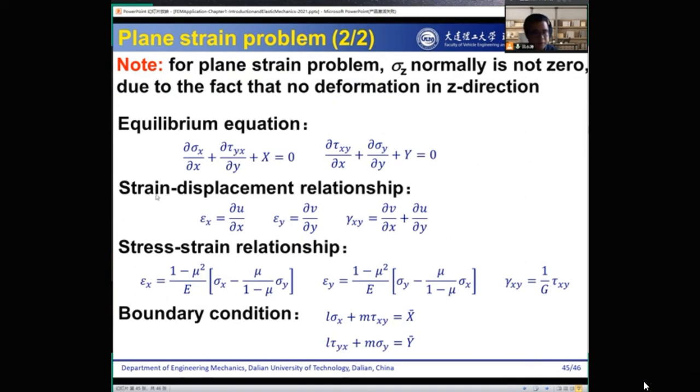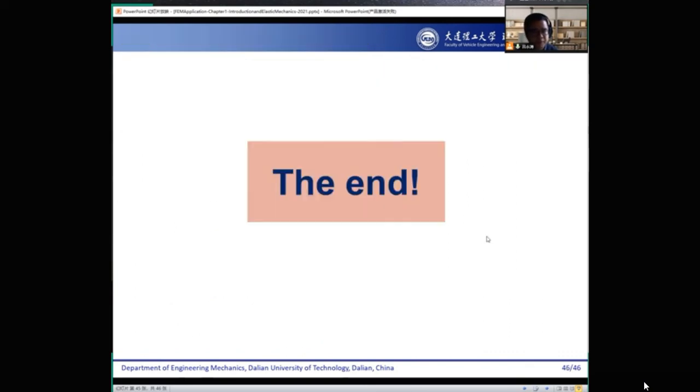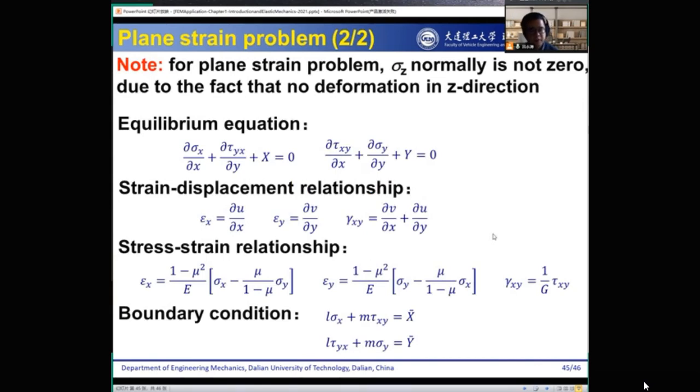All those equations and relationships can be written in a simplified format, and you can practice reducing the general 3D equations into plane strain problems. Okay, so this is the end of lecture 1.